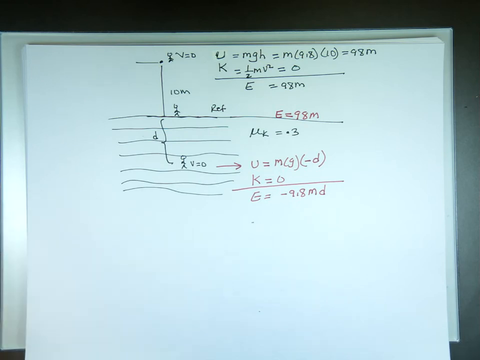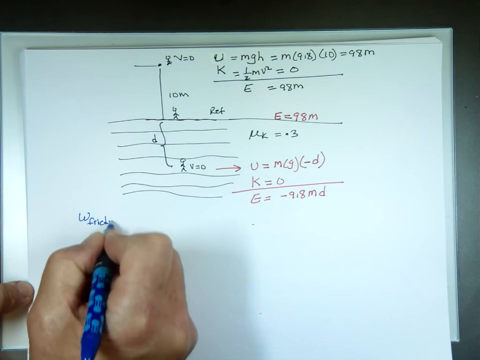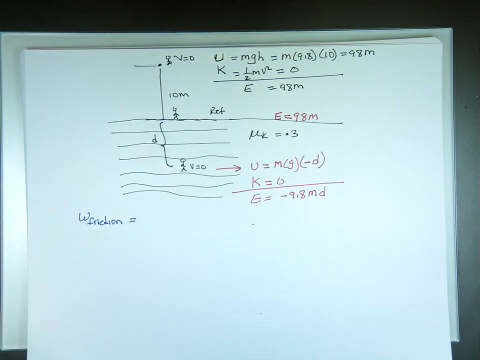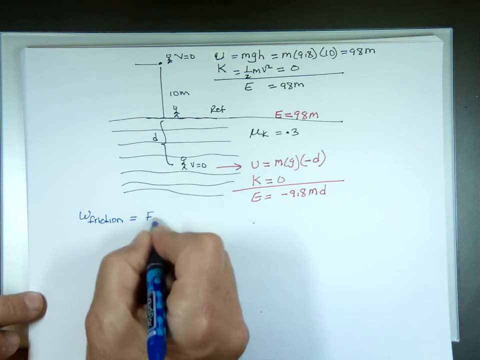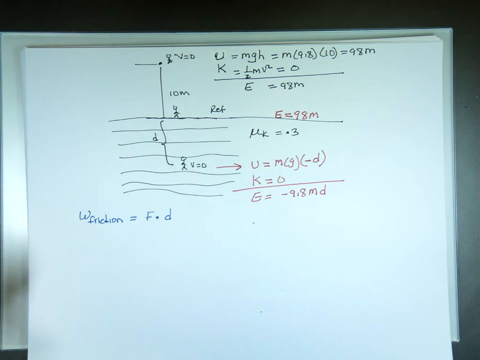Work done by friction is what? The work by friction, work is what? Force times the distance. And for friction it's always negative, it's backward. But what's your force? Isn't that your weight?